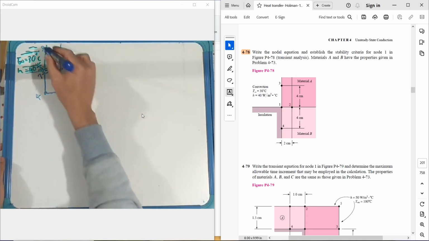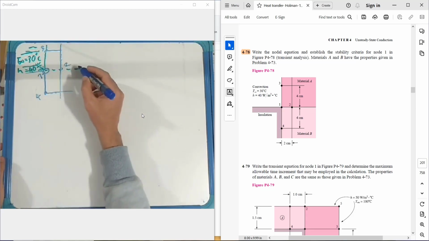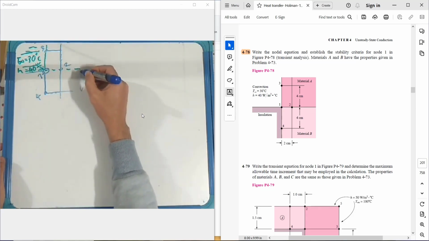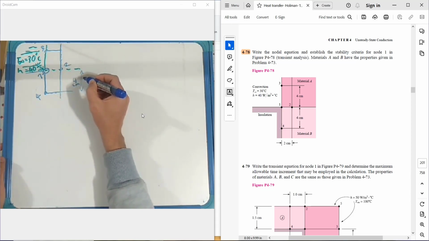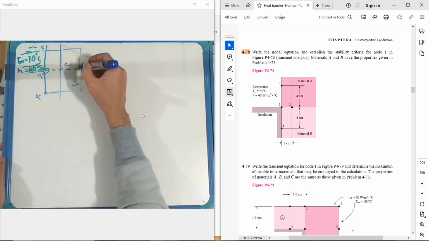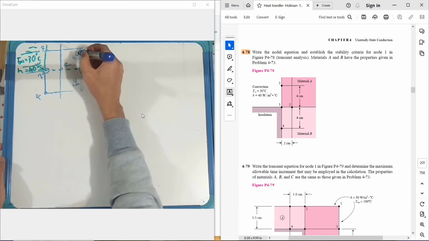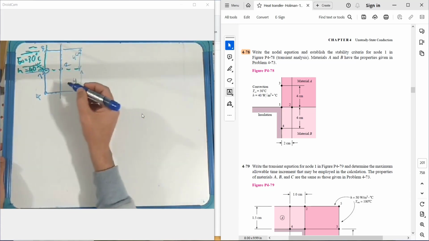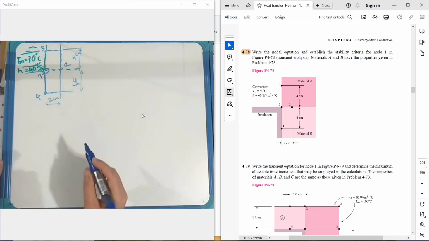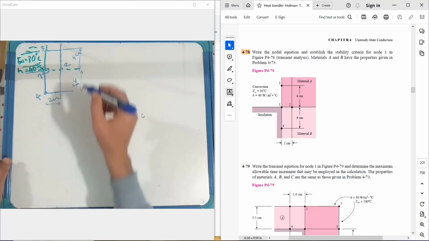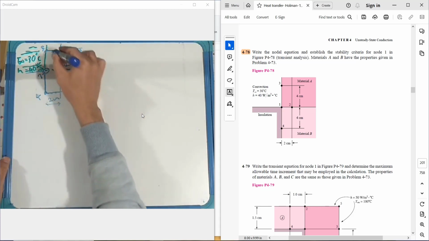Just these 1, 2, 3, and 4 points. So what is this distance? 4 centimeters. 4 centimeters too. And this is 2 centimeters.